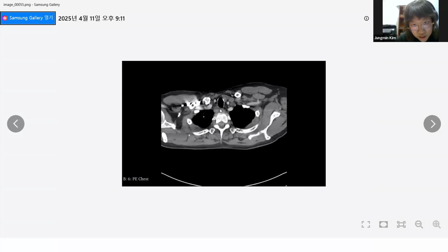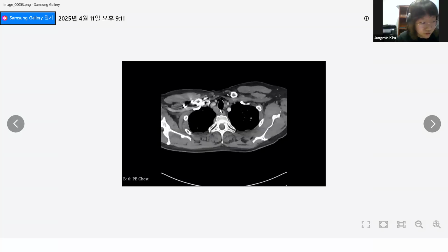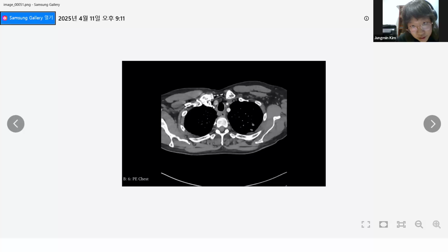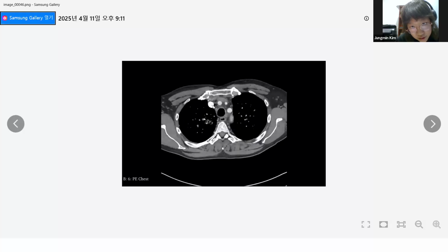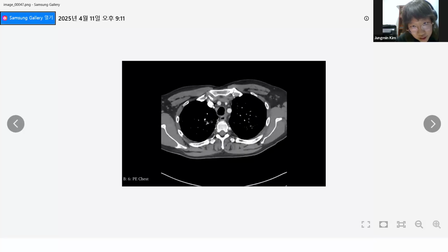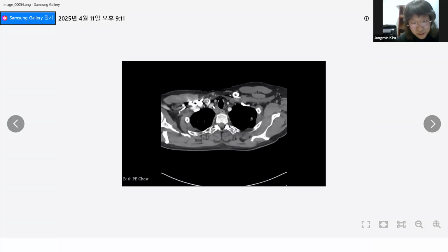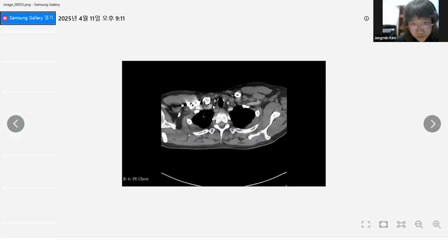It just disappears. So this must be an enlarged lymph node, and by the location, we can see that it's an upper paratracheal lymph node because it's right next to the trachea, and it's above the level of the brachiocephalic vein.